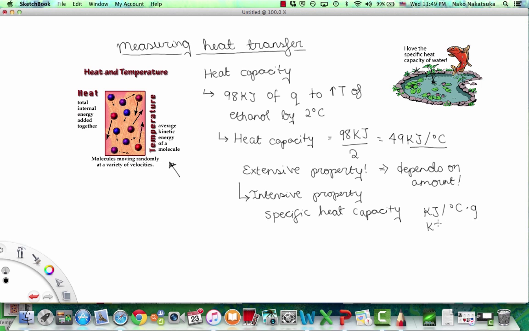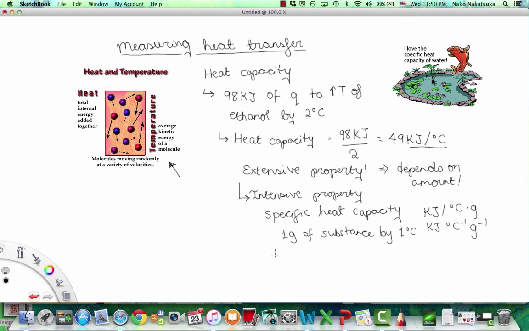Also can be written as kilojoules, degrees Celsius -1, gram -1. So the specific heat capacity is the heat required to raise the temperature of 1 gram of a substance by 1 degree Celsius. So now that we divided it by a mass amount, we converted it to an intensive property.